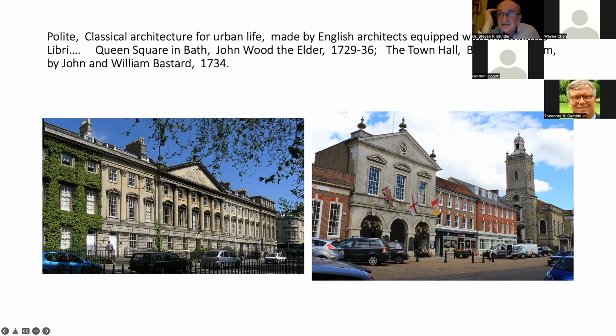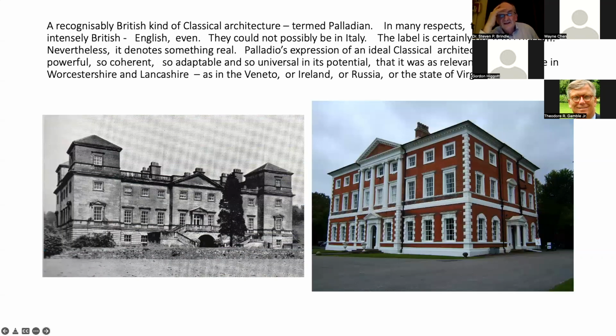And the last slide, I think, please. So here we are, two English country houses, a recognisably British kind of classical architecture, which we term Palladian. And the label can certainly be criticised, but I do think it denotes something real. Well, on the one hand, these buildings are intensely English.